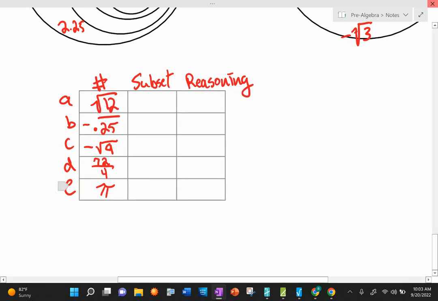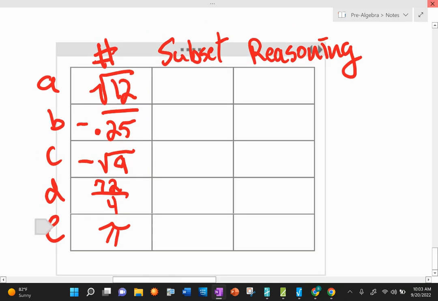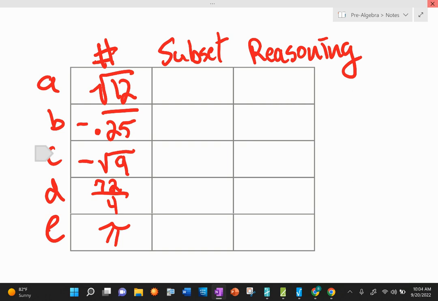Now when it asks for a subset, what it's asking is what category, what's the smallest category that it could fit into. Technically you could just sort them, but not just the smallest one.